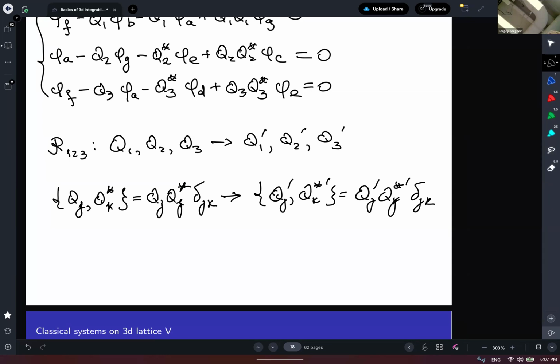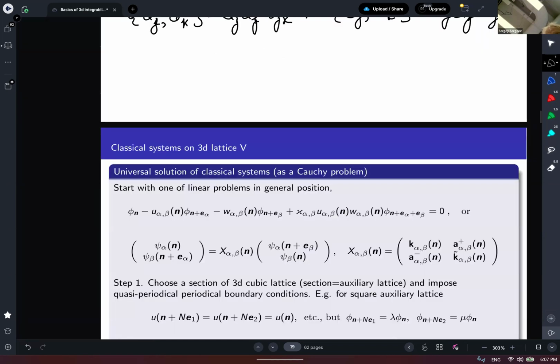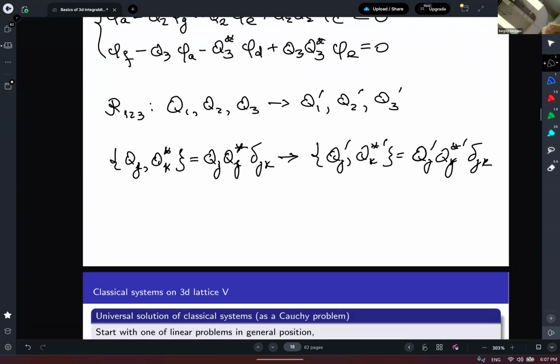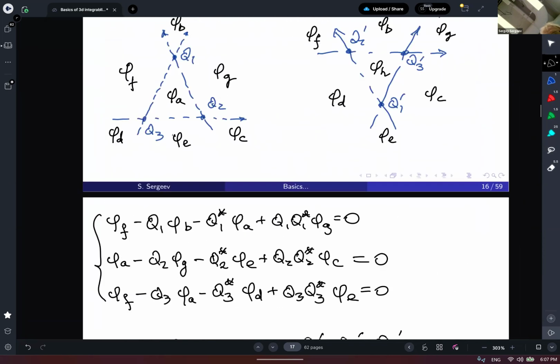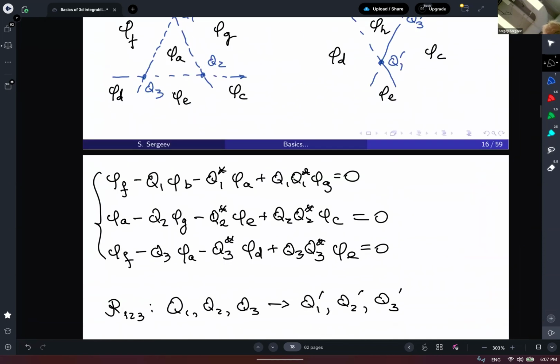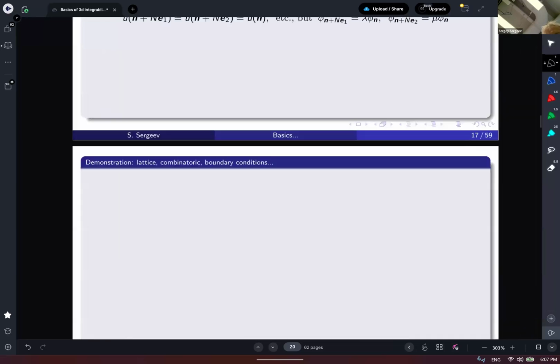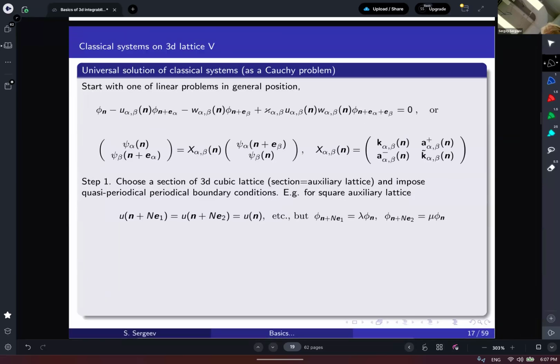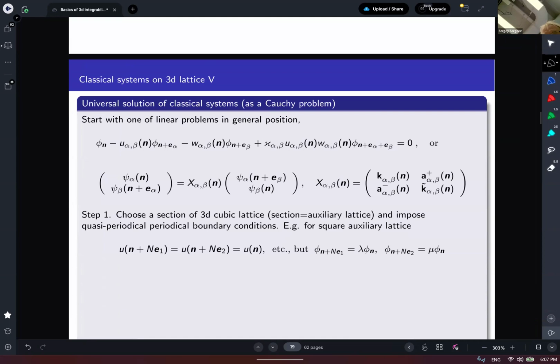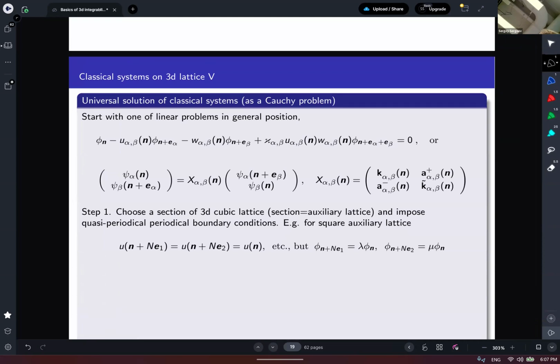Well, for me it looks like a miracle. You start with nothing and suddenly you obtain canonical maps. Surprise. So therefore, in general, we can talk about evolution defined on a three-dimensional lattice, or an integrable system defined on a three-dimensional lattice.